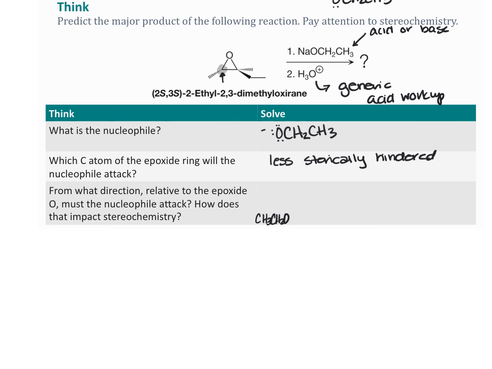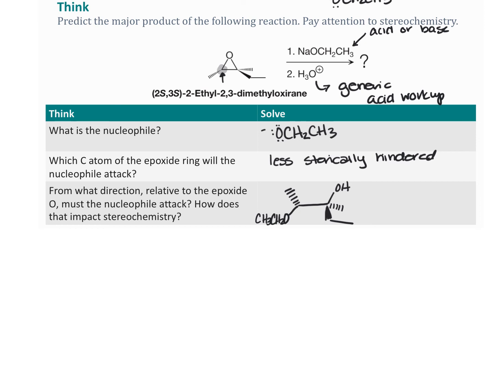Because we want to be really careful. We want that bond to go up here. Right, there we are. We know that that oxygen gets opened up and protonated, and then this stereochemistry stays the same. Okay, so it gets rotated up.